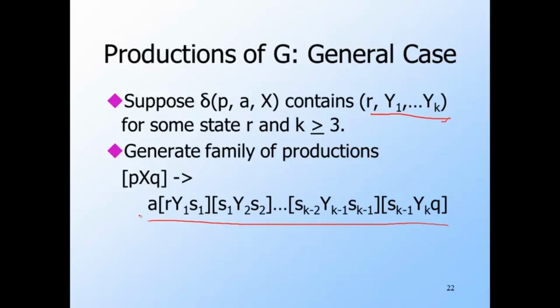PXQ can be replaced by an A, which again may be epsilon, followed by variables R, Y1, S1, S1, Y2, S2, and so on, with the last of the variables being Sk-1, Yk, and finally the state Q from the head that we want to wind up in.